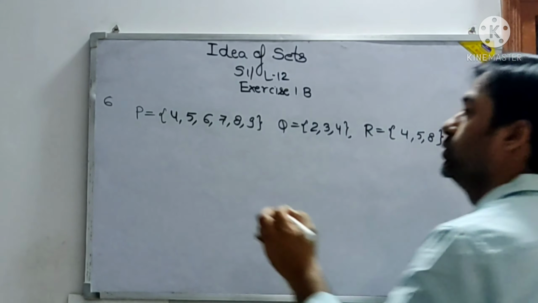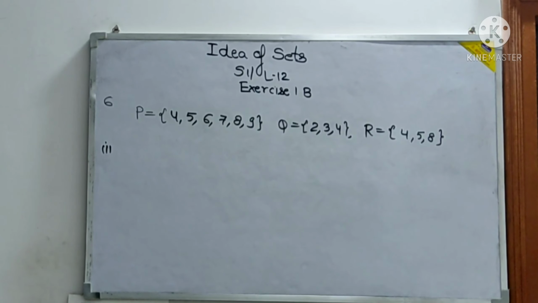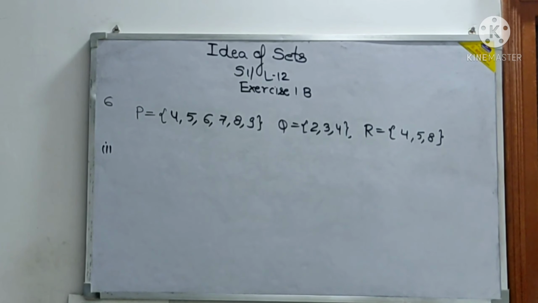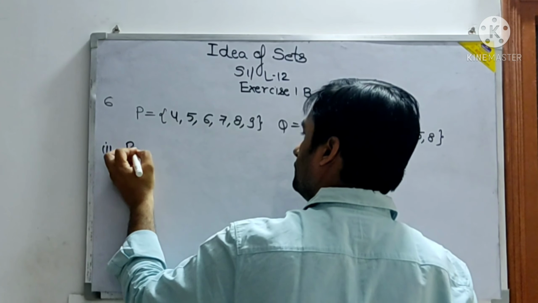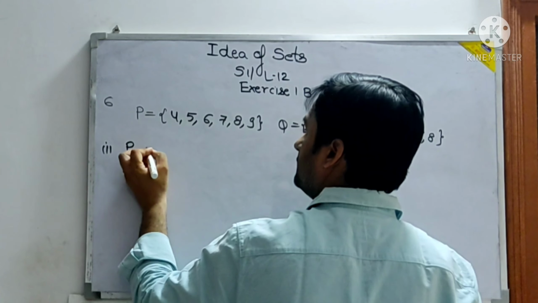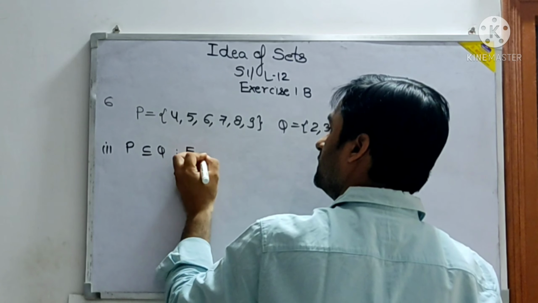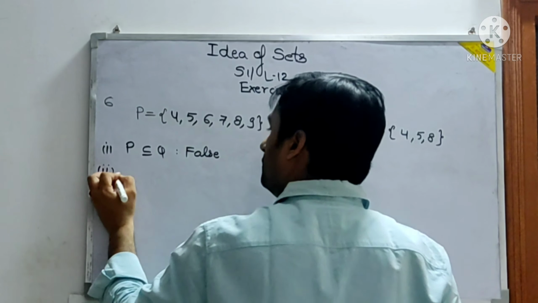Then it is saying which of the following is true. Let's check whether the first one is true or not. First one says P is a subset of Q. Is P a subset of Q? No. This one will be false. The question is saying only check for the true ones, but we'll check for all.